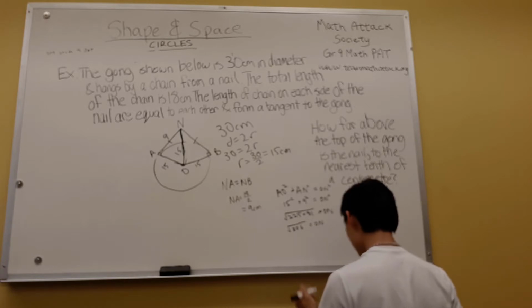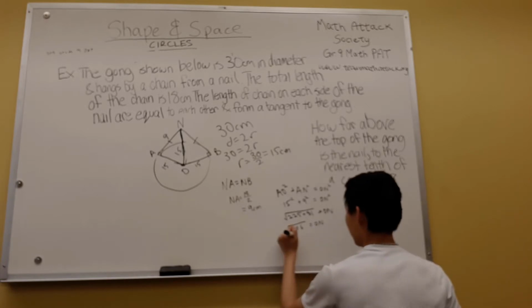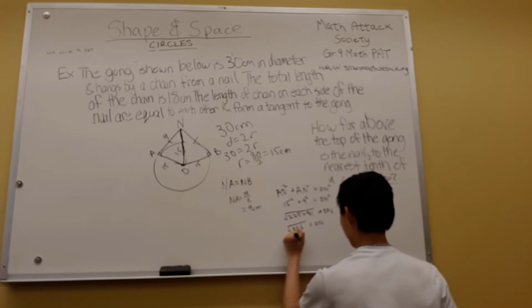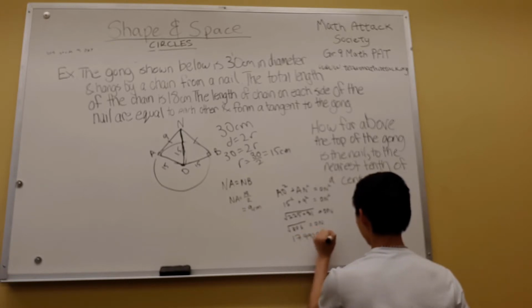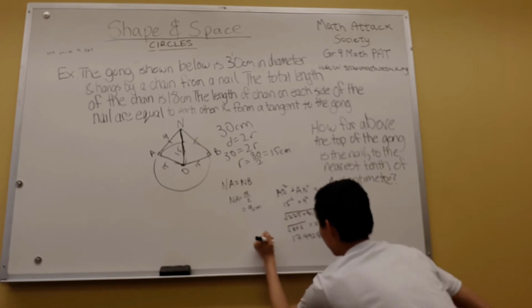Now, the square root of 306 is about 17.4928 centimeters, approximately.